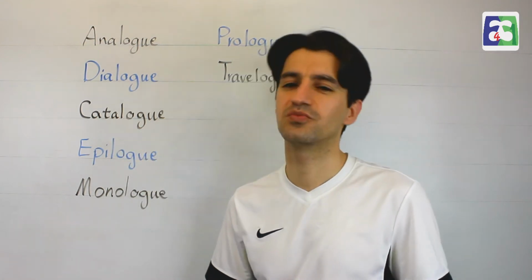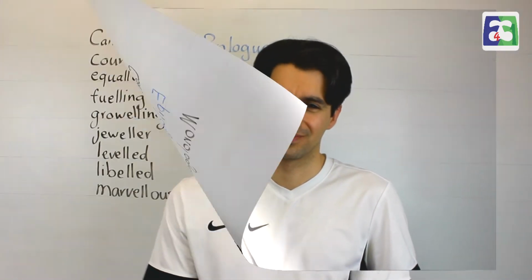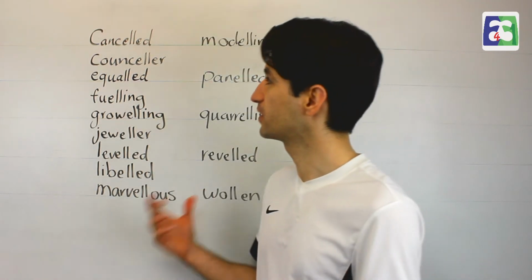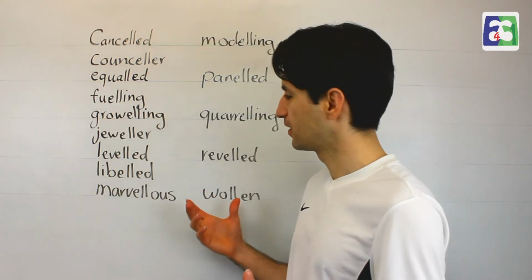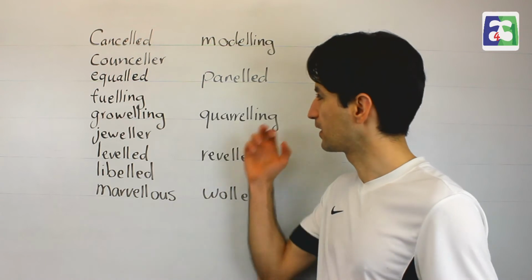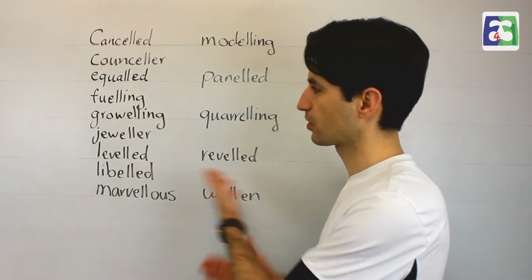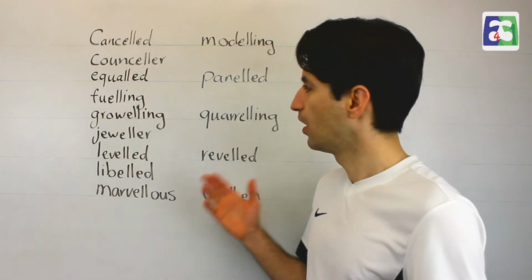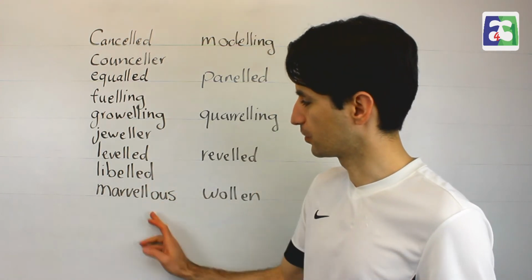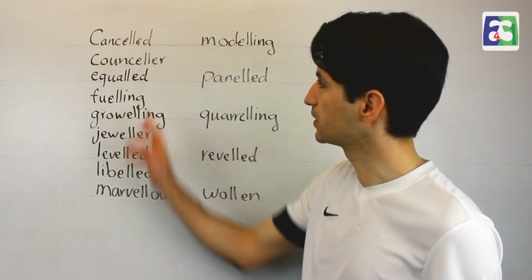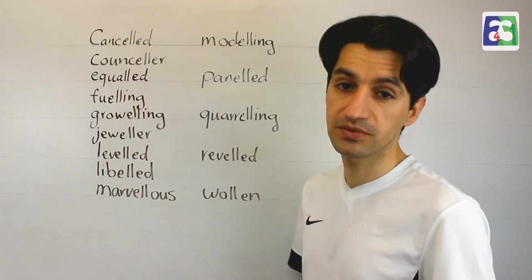Now let's move on to the fourth group. These are the words that, as you can see, have got double L in their formation. In the British writing system, which these are based on, we have them doubled. We have double L in the spelling of these words.